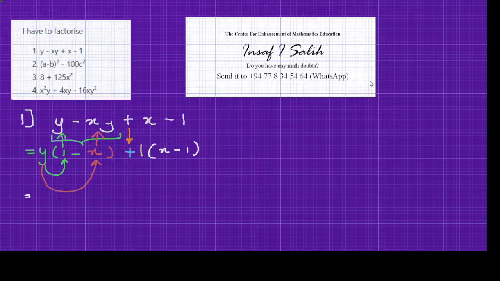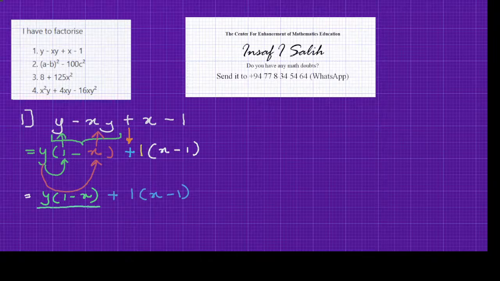Now what have we got? We have got y times 1 minus x, and we have got plus 1 times x minus 1. How many terms do we have? We end up with two terms.